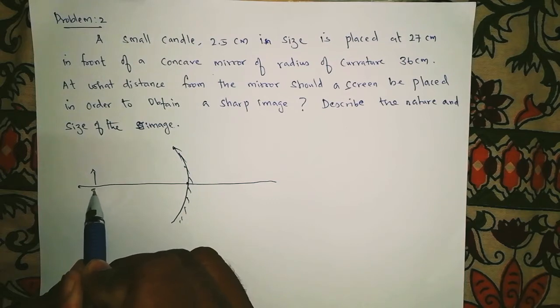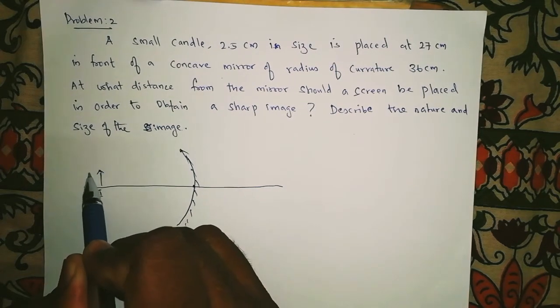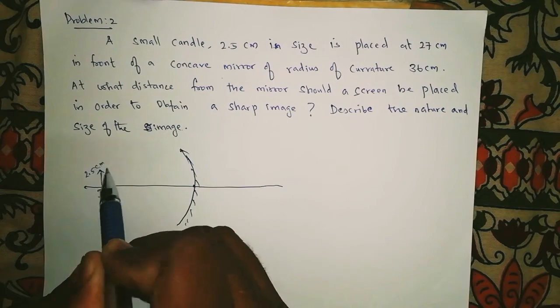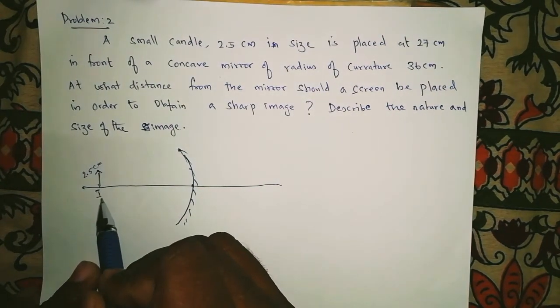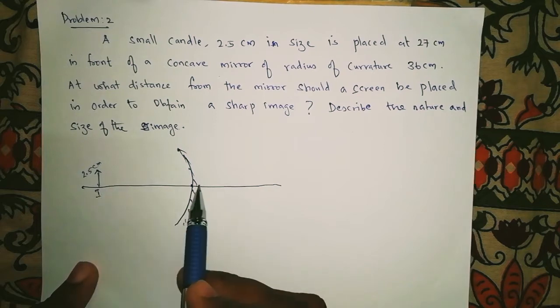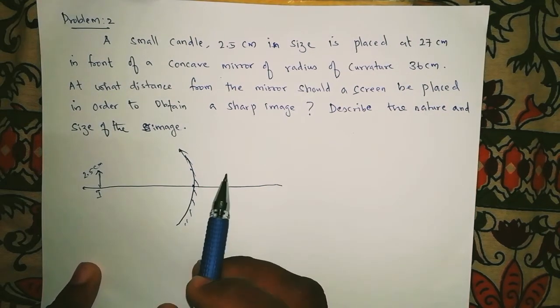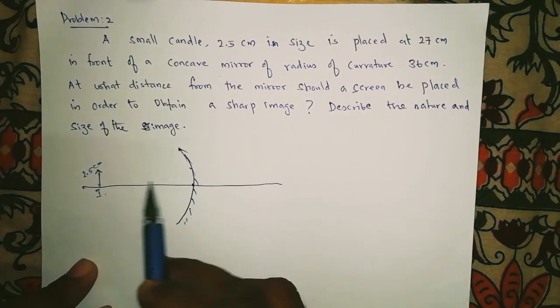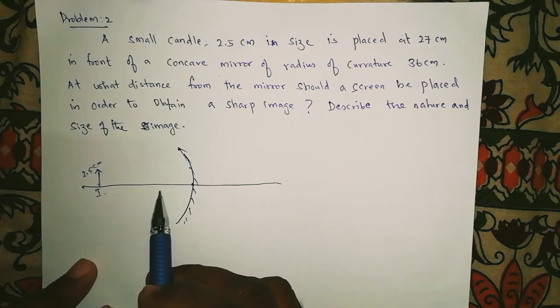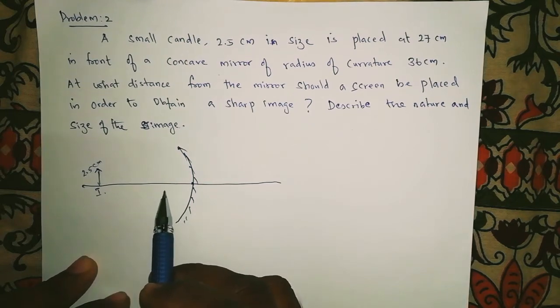You think that. And what is its size? 2.5 centimeter, it is that small. And the distance is 27 centimeter in front of the concave mirror. This is kept at 27 centimeter in front of the concave mirror.